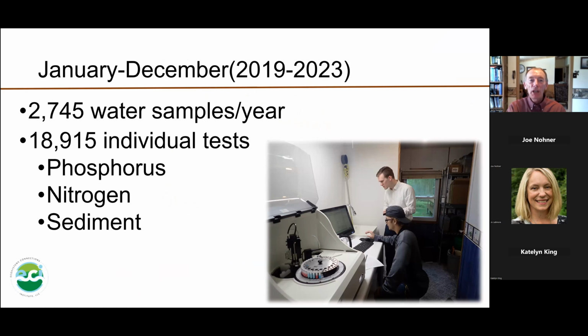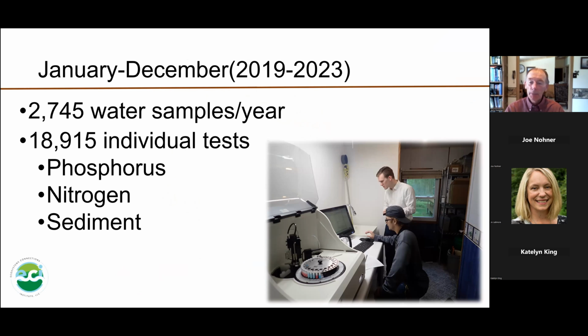So from January to December, each year, 2019 through 2023, we analyzed 2,745 water samples each year. That's over 18,000, almost 19,000 individual tests that we ran in our lab.